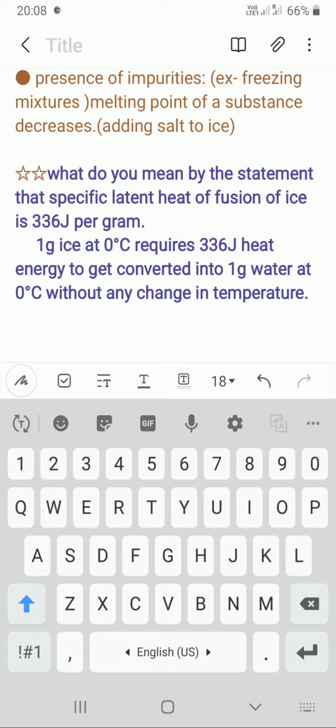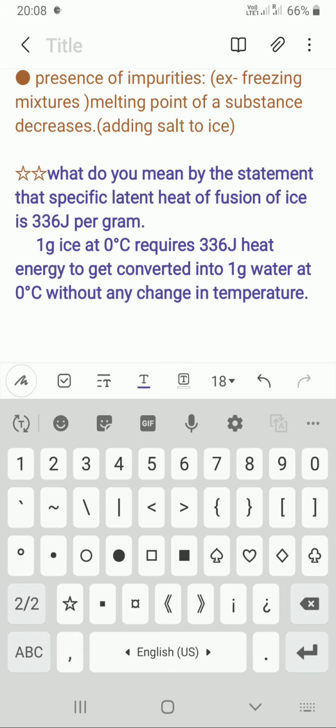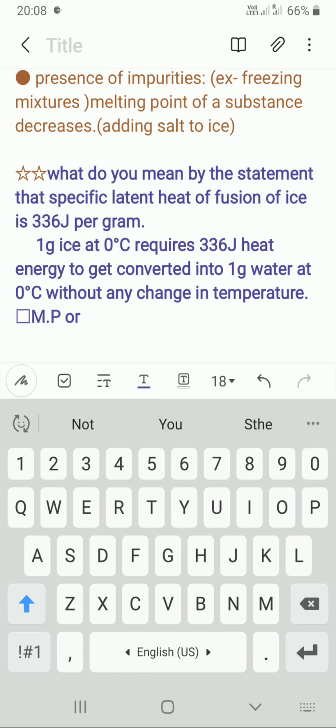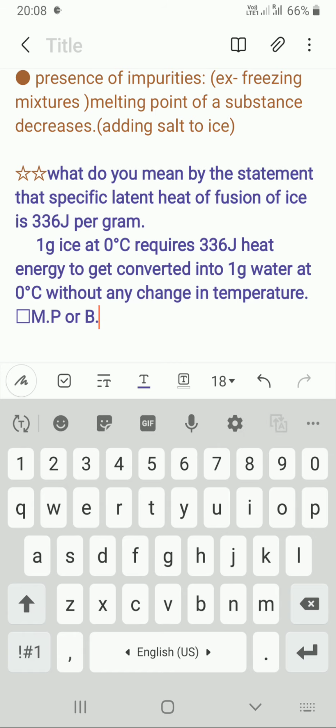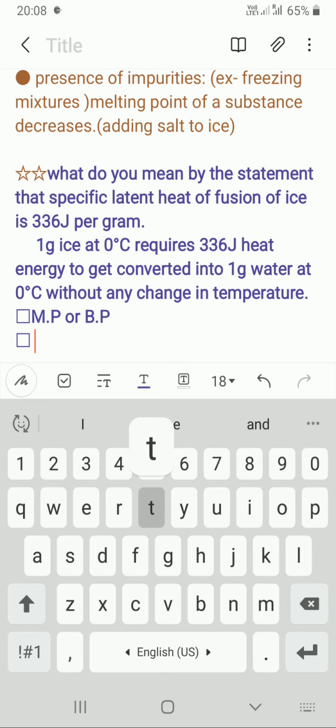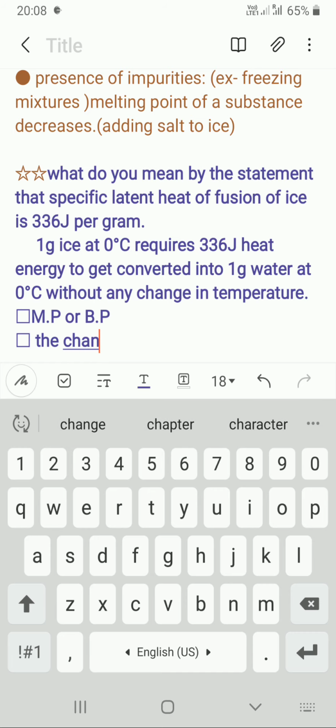The three things that you have to remember here: the first point is the melting point or boiling point. Then you have to mention the change of state.